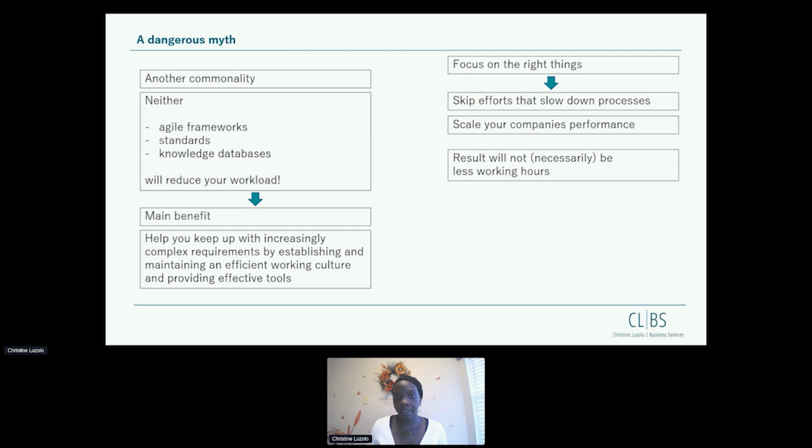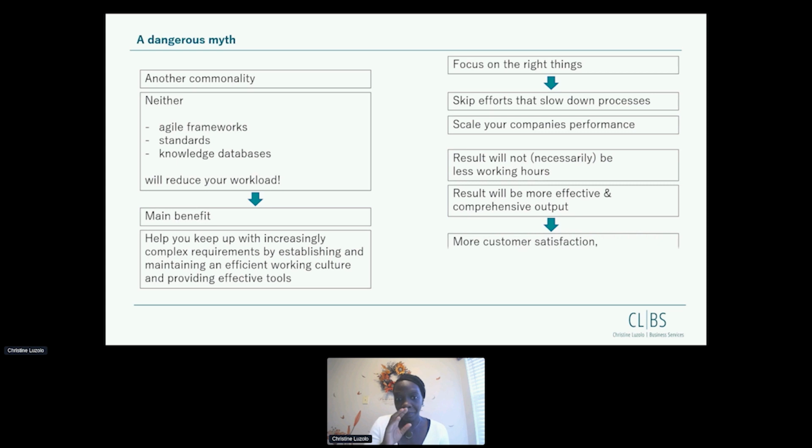And so, as I said, the result will not necessarily be less working hours, but the result will be more effective output, more comprehensive output, and also more consistent output. What the standards and the agile frameworks are all about are repeatable processes that will result in consistent quality, so that the customer will know, once I work together with Hallo Welt, I will always get the quality that I'm used to, and Hallo Welt will be reliable, and this makes my company then reliable.